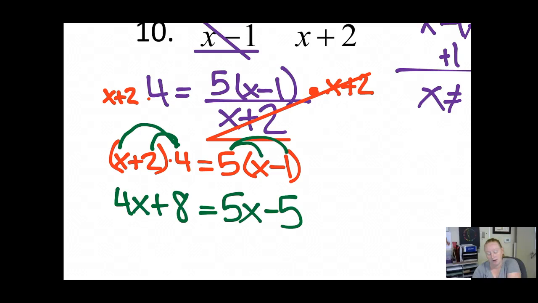Pretty please be careful. I'm noticing that some of you are drawing this arrow, this arc, but you're not doing the math of that arc. Make sure that you're doing that 5 times the negative 1.